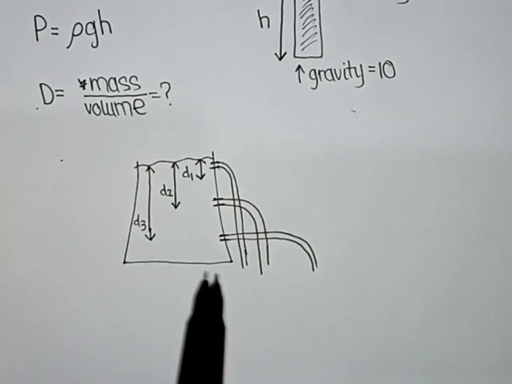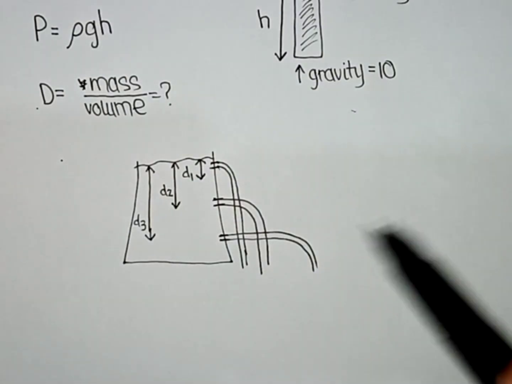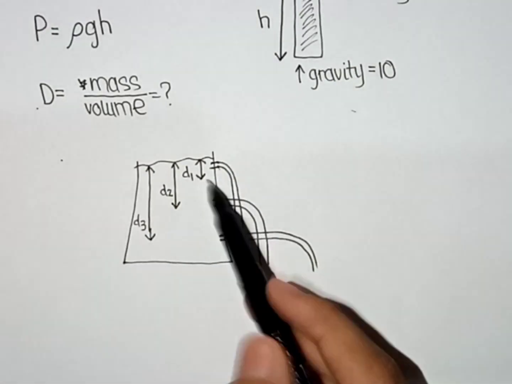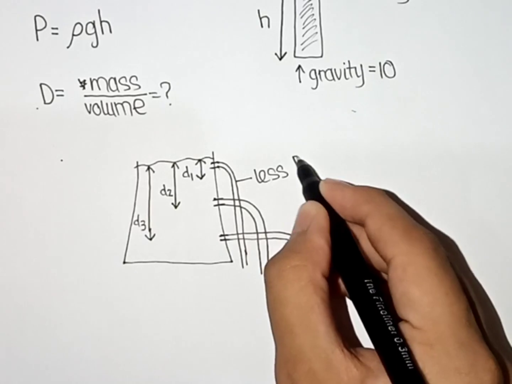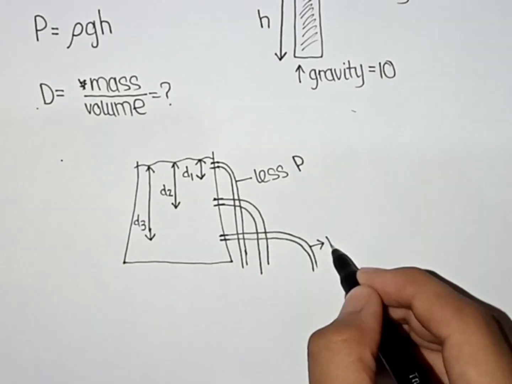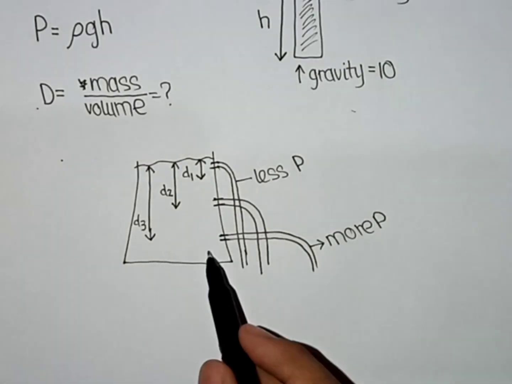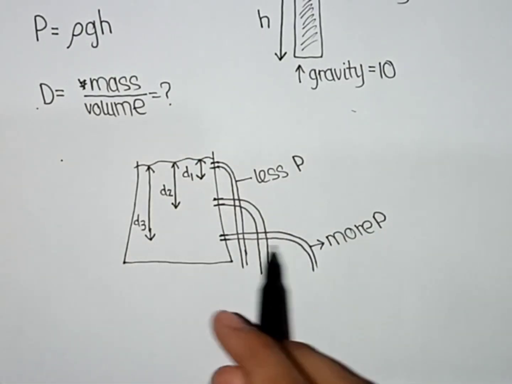Now what difference do you see between these three depths? Exactly. If there is lesser depth, the pressure will be less. Here is the less pressure, and here is the more pressure. If the depth is high, the pressure will be more.